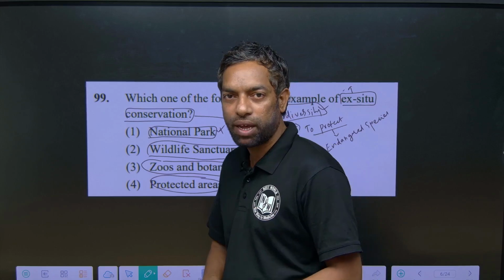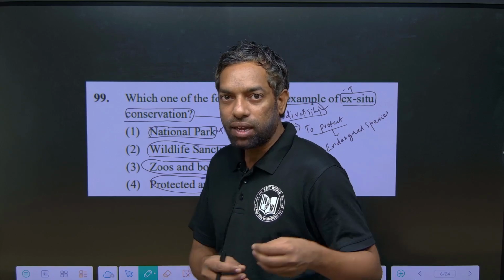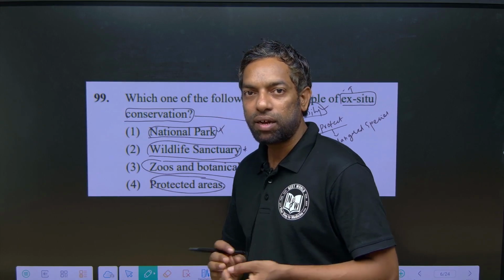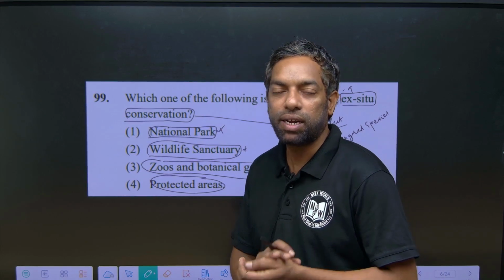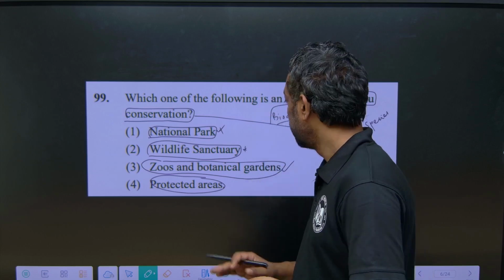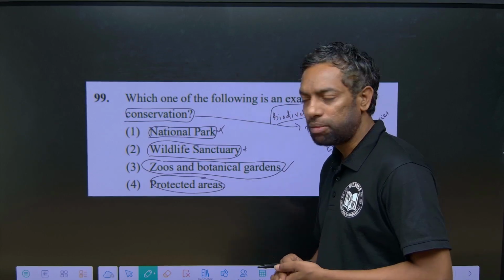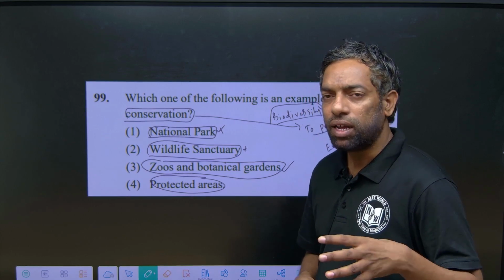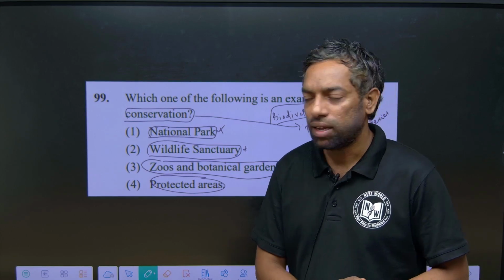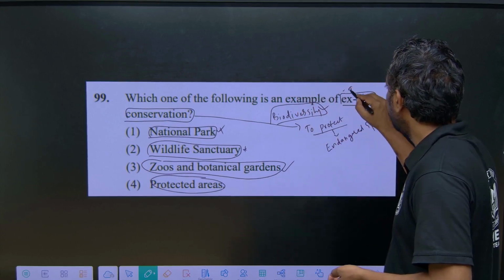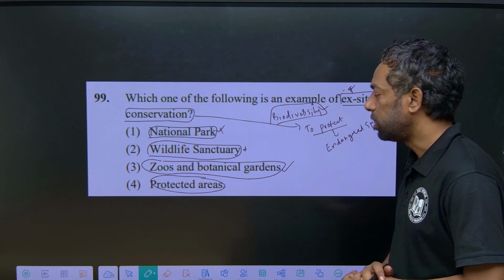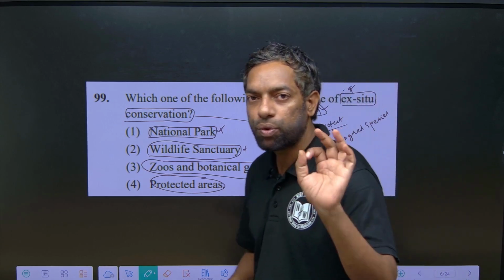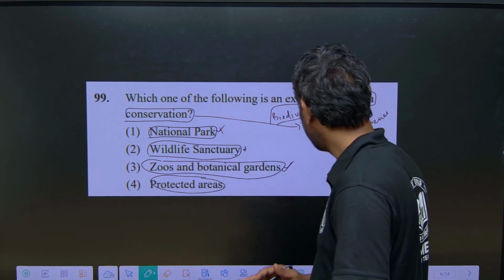We can take them from there and carry them into the zoo, and as for plants, they can be taken into botanical gardens. There are certain animals they carry into the zoo and protect, endangered species throughout the world, irrespective of region. This is the conservation of ex situ species, guys. This is the answer. Sure, every year there is a question from biodiversity, very simple questions.